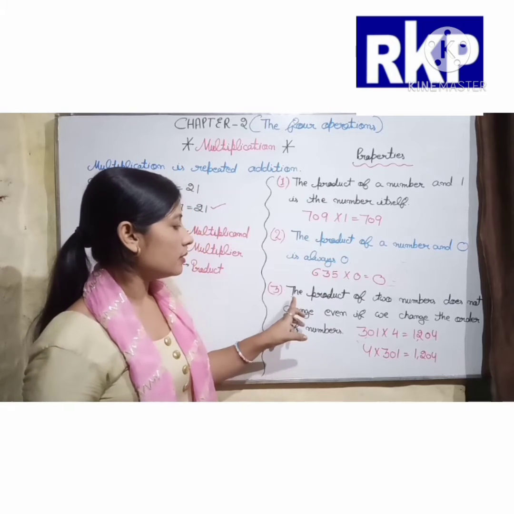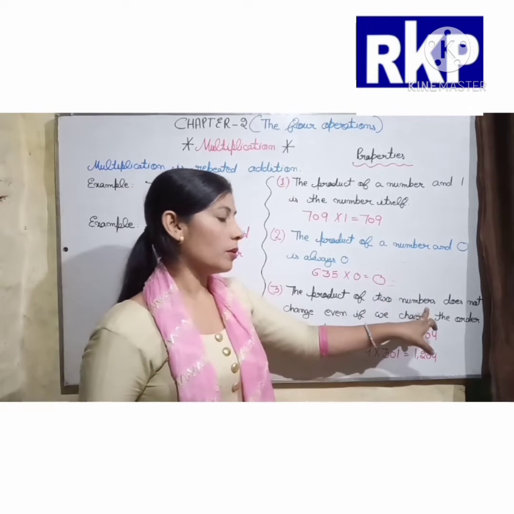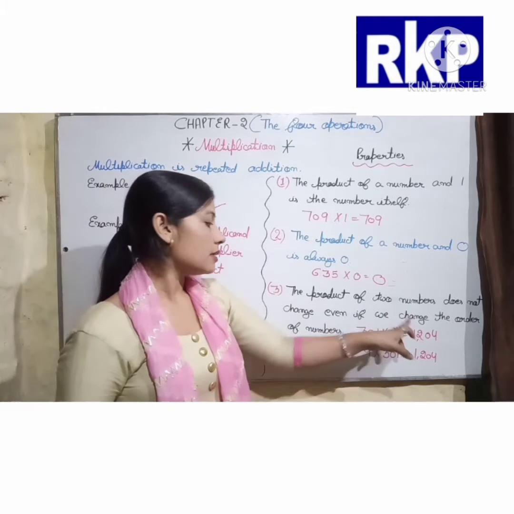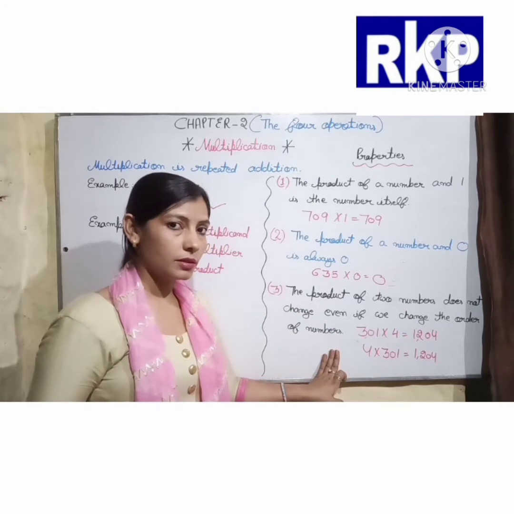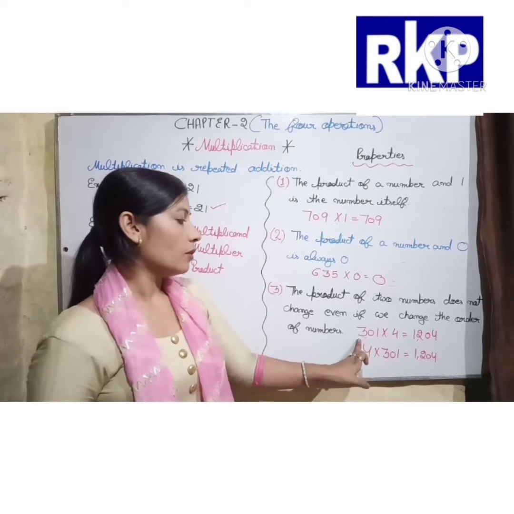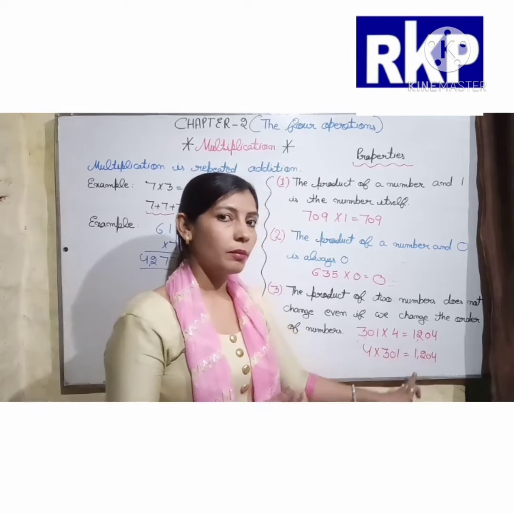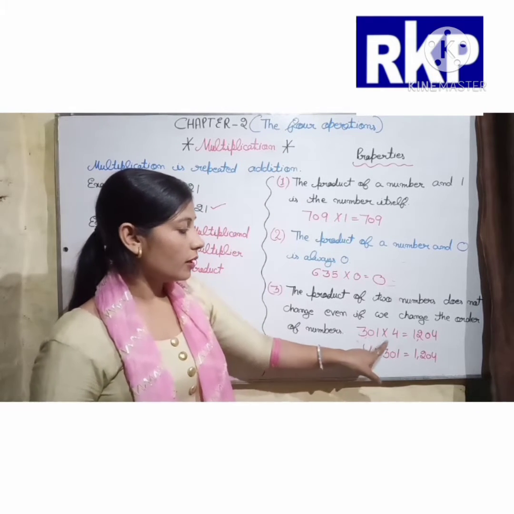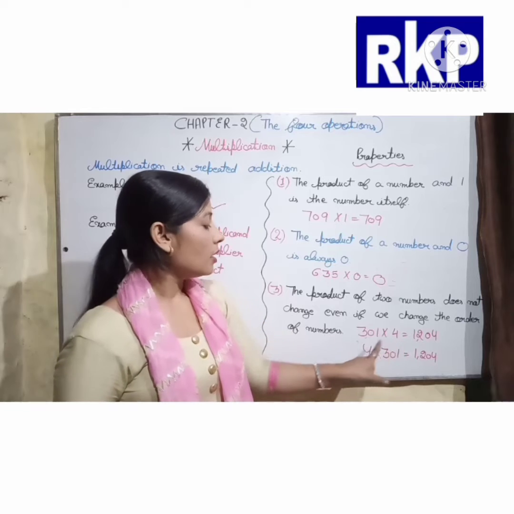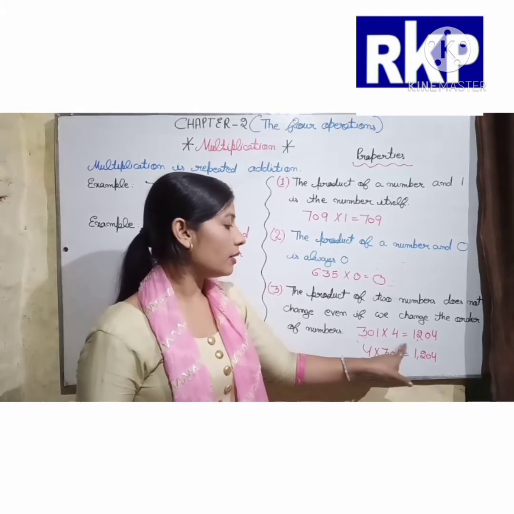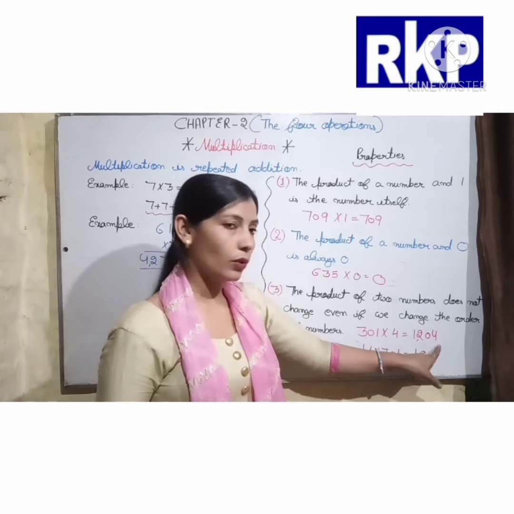Next property is that the product of two numbers does not change even if we change the order of numbers. If we change the order of numbers, then also we will get the same answer in multiplication. Here we have 301 and 4, two numbers. If we multiply 301 with 4, then we get 1204.